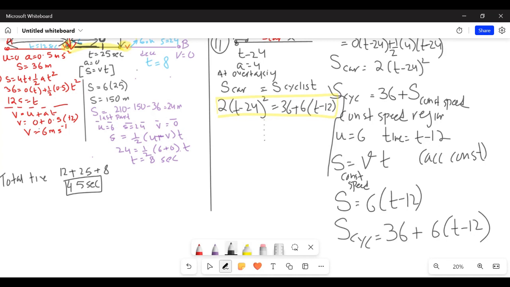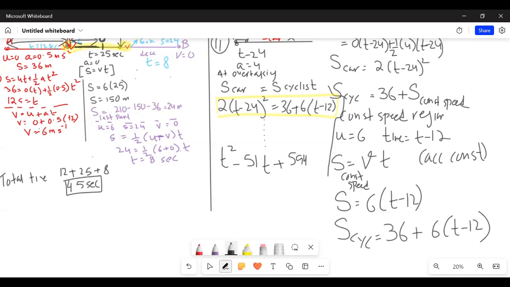So when you simplify it, expand it, and move the values around, you should get t square minus 51t plus 594. Okay.